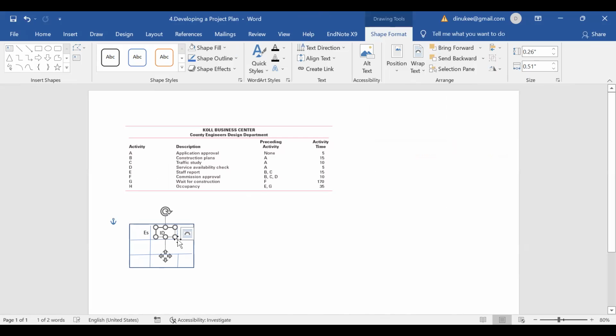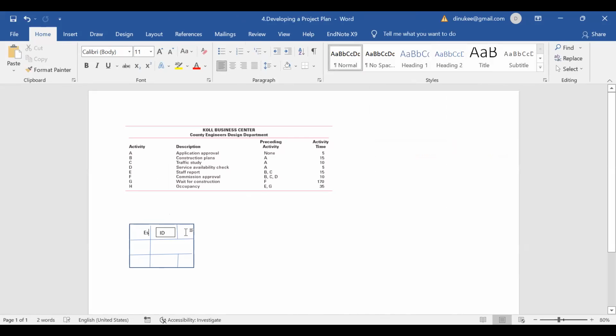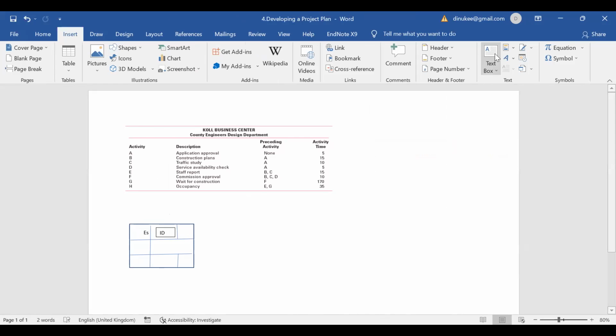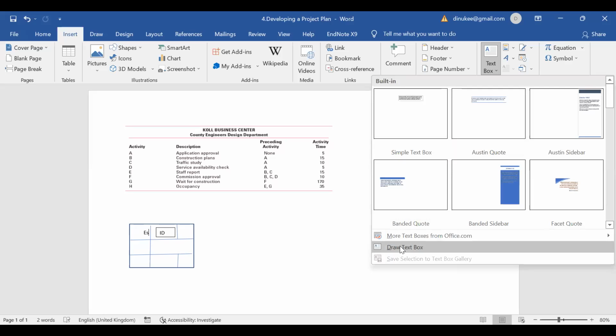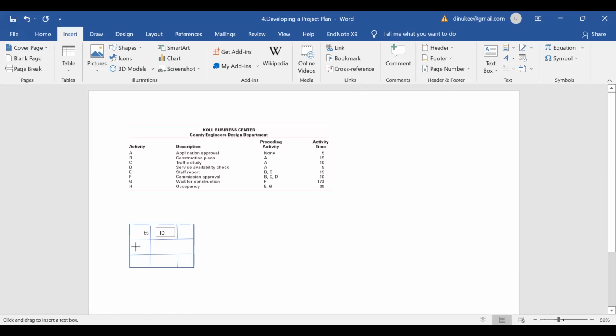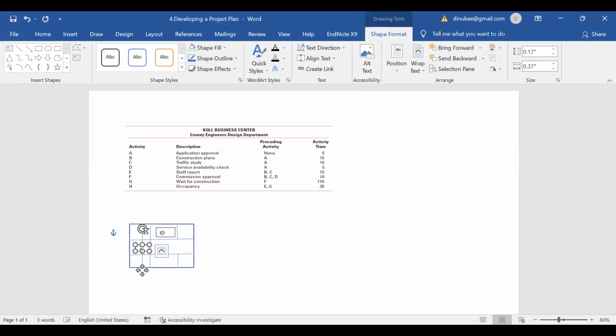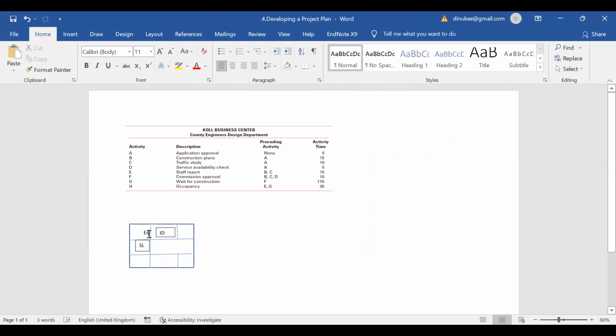And in here, you have to put your slack. Slack, I will put it as SM. So early start means ES, and slack is also there.